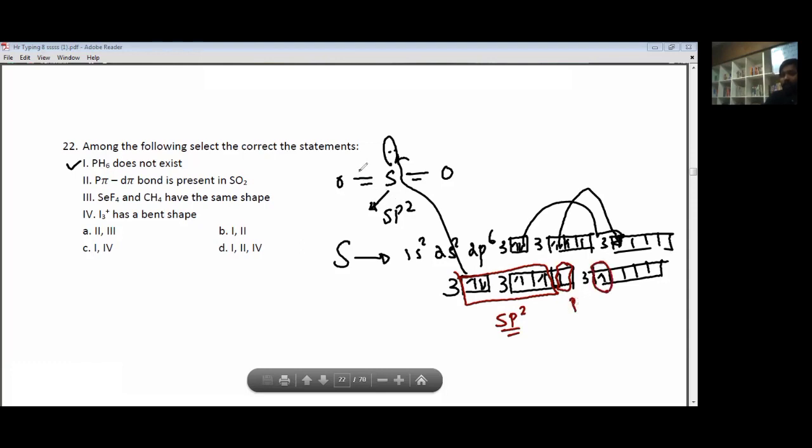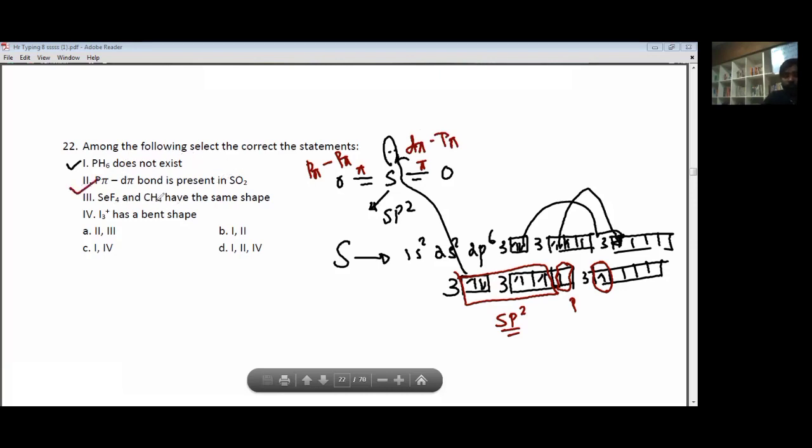This gives the 2 pi bonds. You all know that oxygen has only p orbitals, so this pi bond may be between the p pi of oxygen and the p pi of sulfur, and this may be between the d pi of sulfur and the p pi of oxygen. So that's perfect, p pi-d pi bonds are present in SO2.